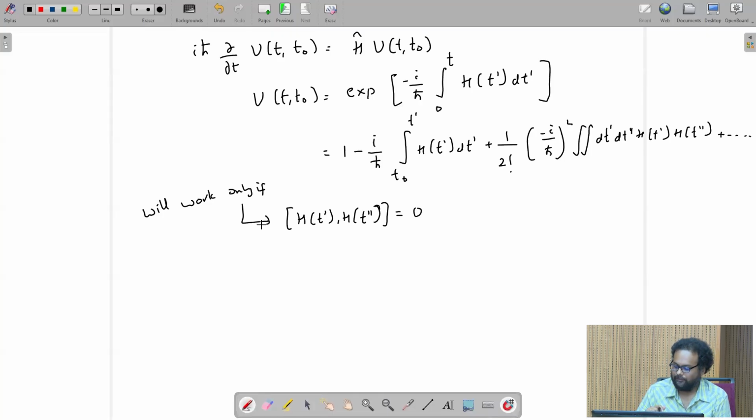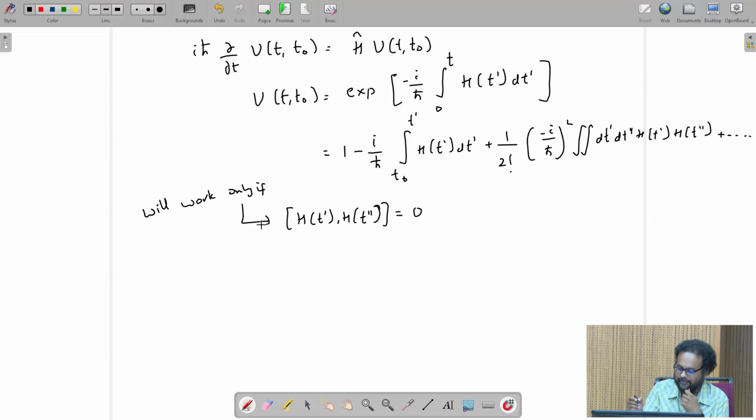Okay. You can later on go and write this out yourself and check if this is true. So this kind of direct solution, this exponential form, is not leading us to a general solution. It may be valid in specific cases where this condition is satisfied.